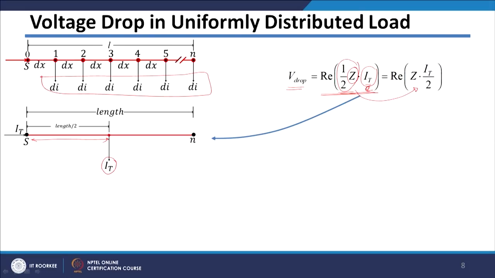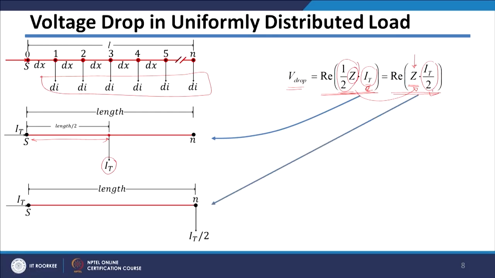However, from this formula you can see that whenever there is total Z, I can use IT by 2. Meaning, when I am lumping the load at the end of the feeder, I need to use IT by 2, so your current should be IT by 2.